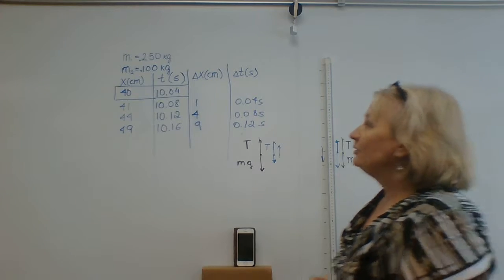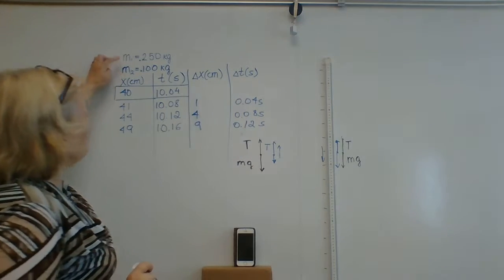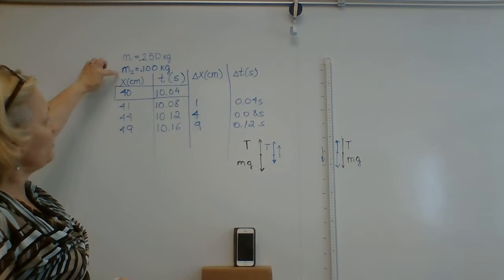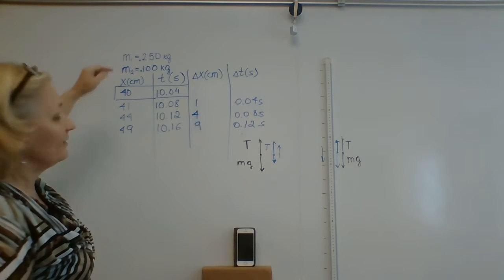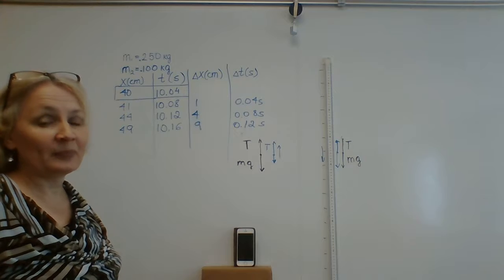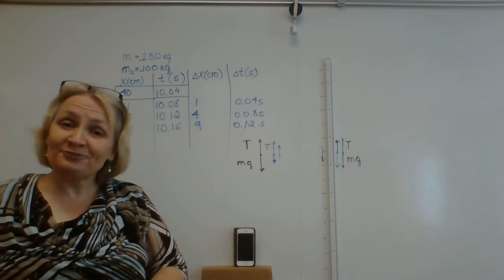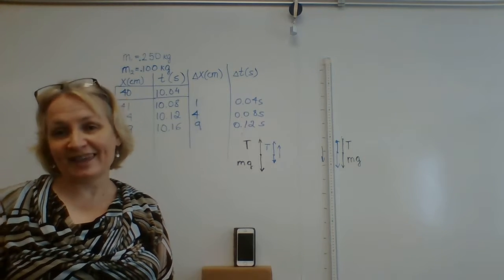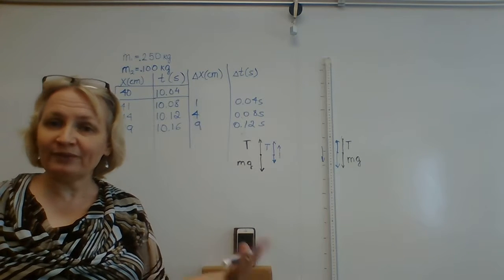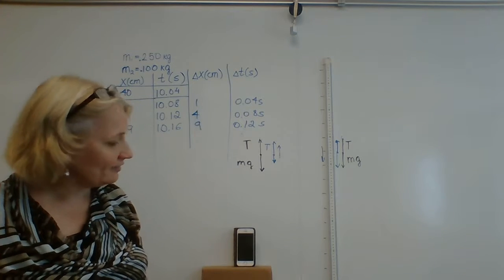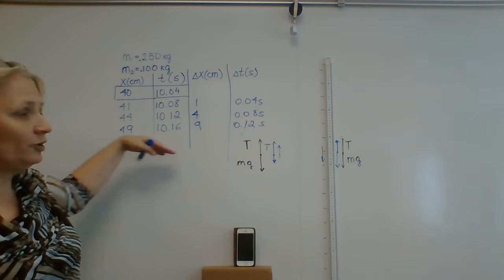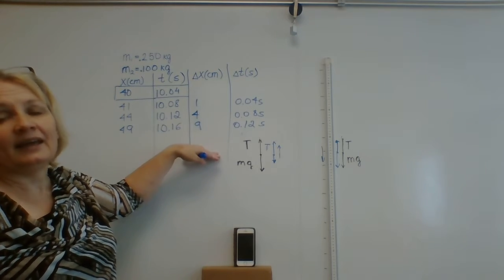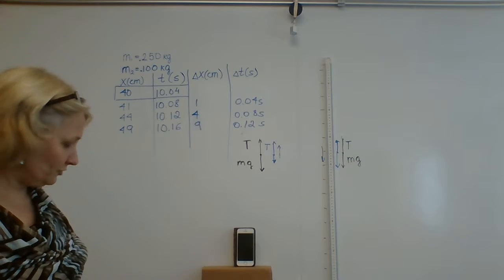You need to figure out mass 1, mass 2, and acceleration. Okay? That's the task for this lab, and I hope it's clear. You change masses and you do your measurements again and find your acceleration.